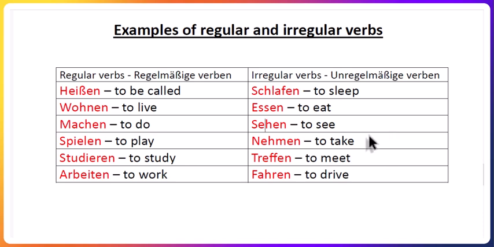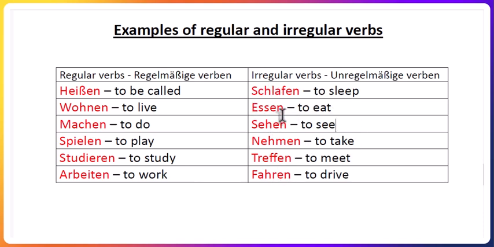I don't want to explain that. Question numbers from 0 to 20, I explained it. Okay. Also nehmen, treffen, fahren. These are in infinitive form.